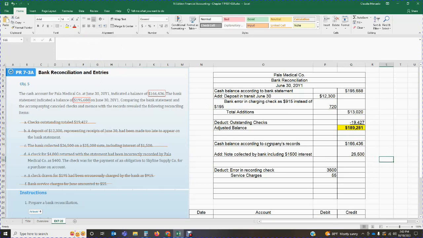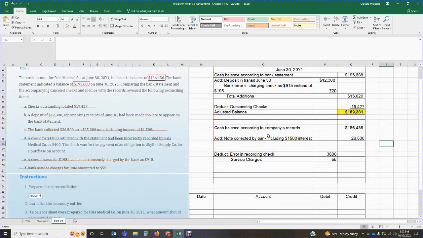Now we're going to look at the company's records. We started off with 166,436. We added a note collected by the bank, including 1,500 in interest, of 26,500. And then we have two deductions. So let's go ahead and get our total deductions. We're going to add the two deductions that we have.